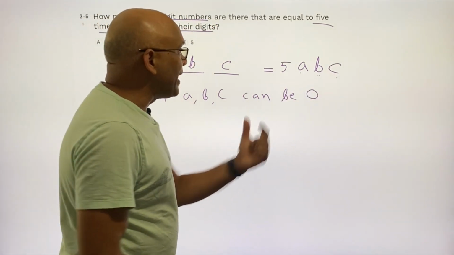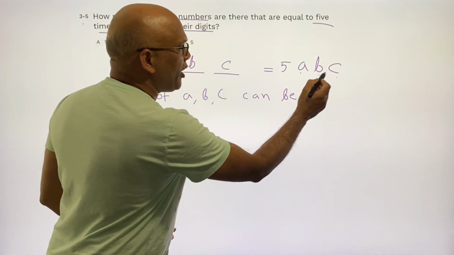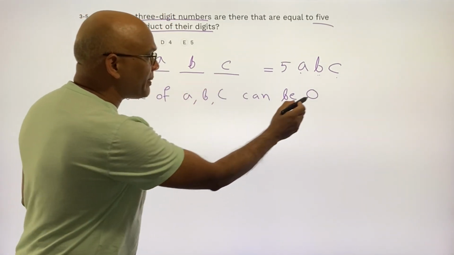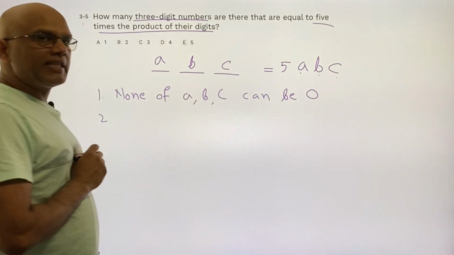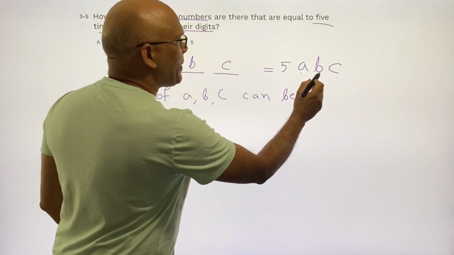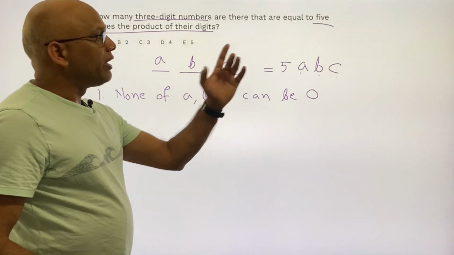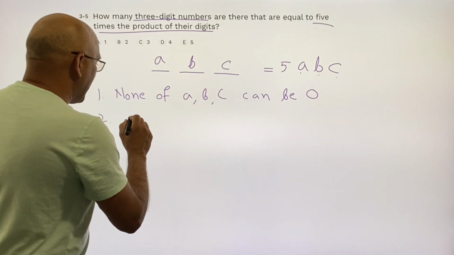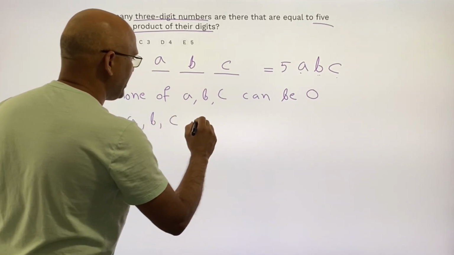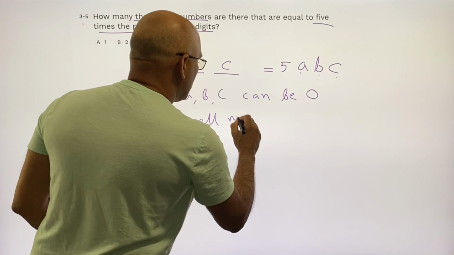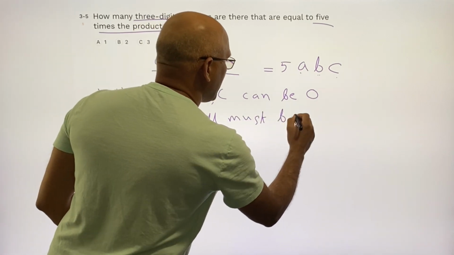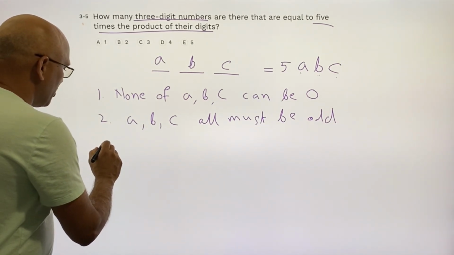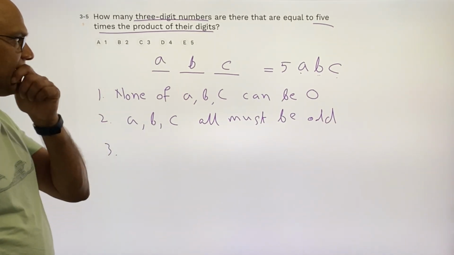That means C must be 0, but C cannot be 0. We already figured that out. So none of A, B, C can be even. Therefore A, B, C must all be odd digits. That is number 3.